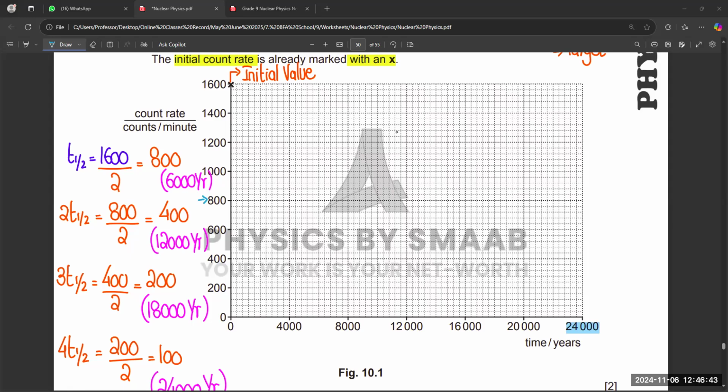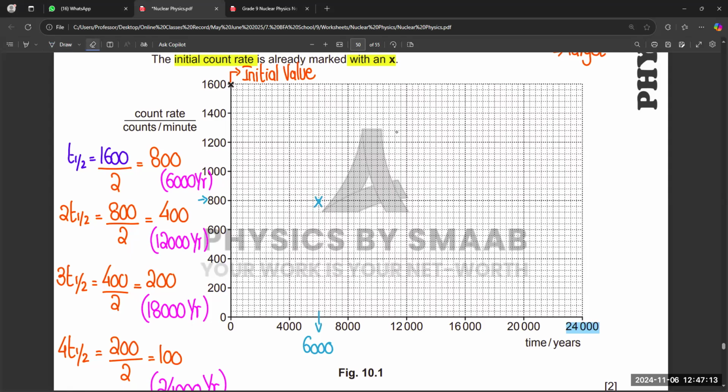In between 4,000 and 8,000. Yes. So we know that the values are 4,000, 8,000, 12, 16, 20. So definitely 6,000 will be in the middle of 4 and 8. 6,000. So this is the first half-life.